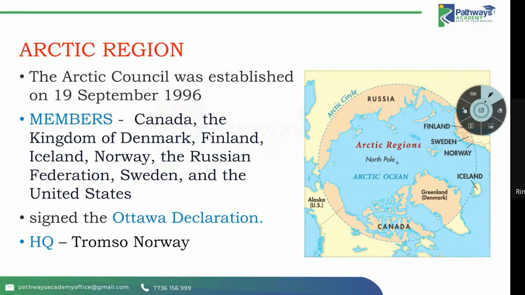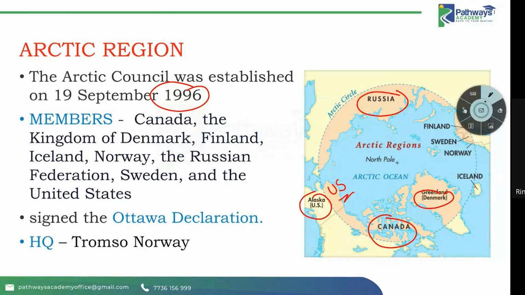The Arctic Council, which came into existence in 1996, has members that include the nations surrounding the Arctic region: Russia, US (Alaska is a territory of the US), Canada, Denmark (Greenland is a territory of Denmark), then Finland, Sweden, Norway, and Iceland. These are the nations that make up the Arctic Council.